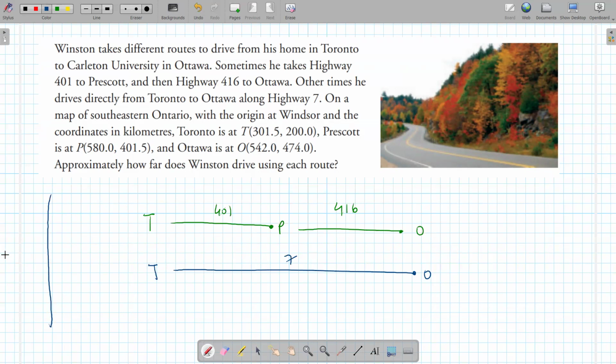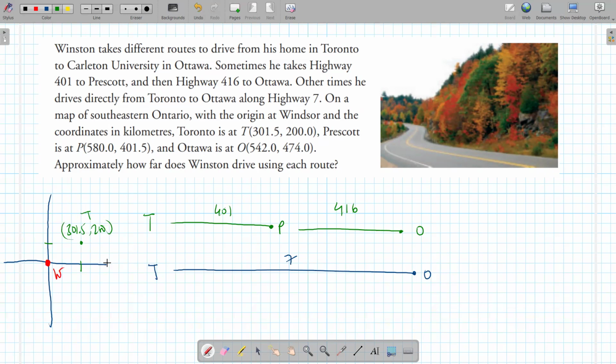All right, this question is getting more complicated with every sentence. In the center of the grid, we have the city of Windsor. That's the origin. And the coordinates in kilometers: Toronto is at about (301.5, 200), so we're just going to approximate.